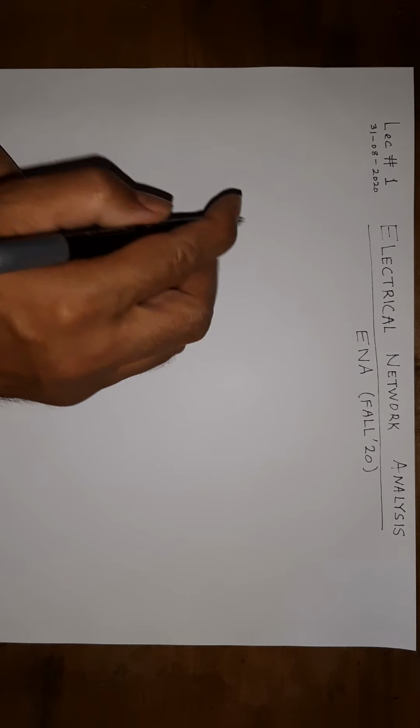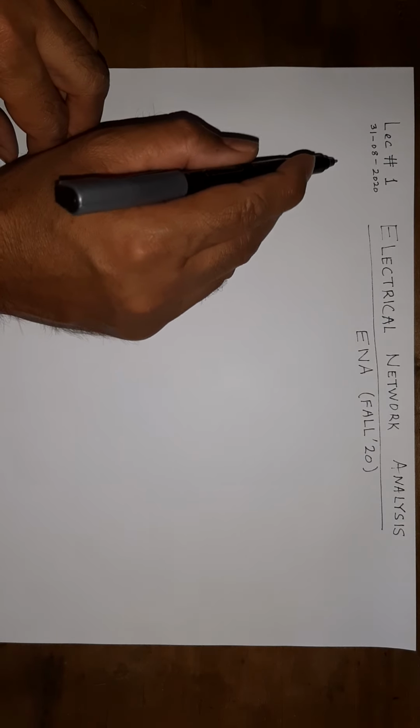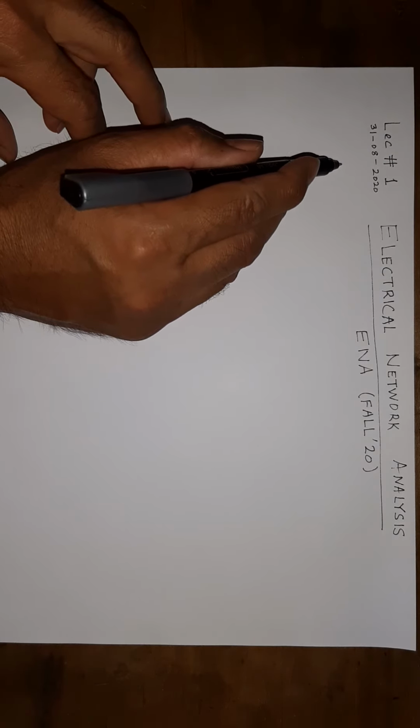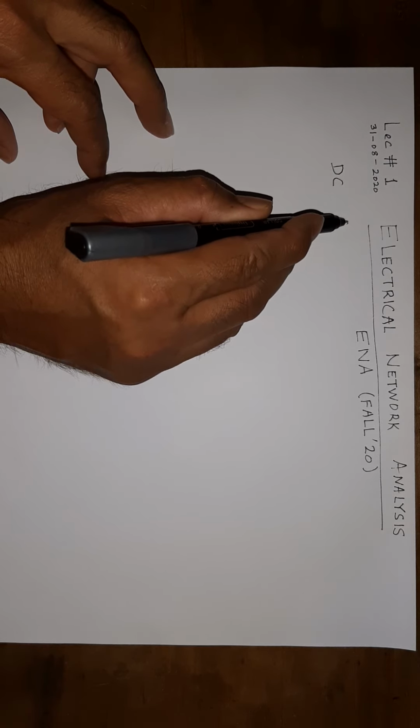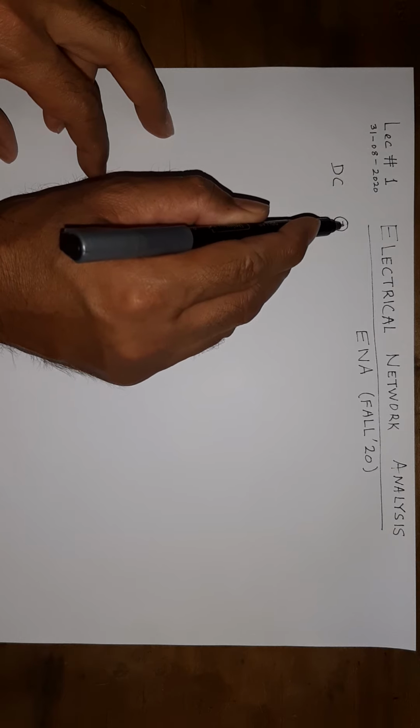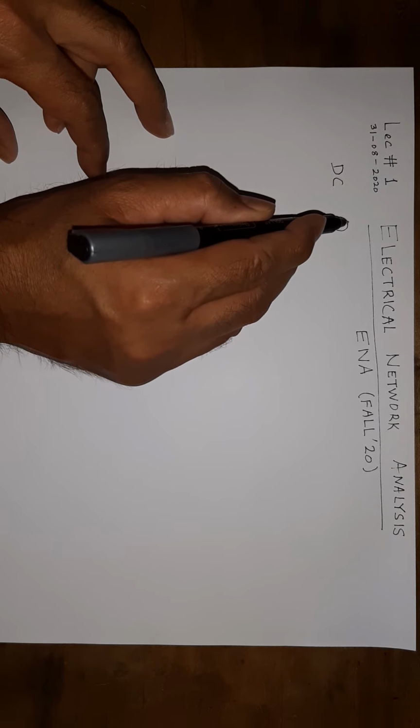In LCA, we usually solved circuits using sources that were DC. So we used, for example, this symbol to represent a DC voltage source.